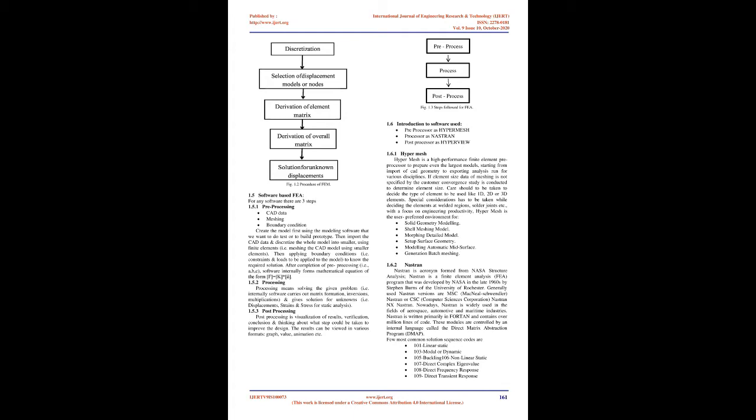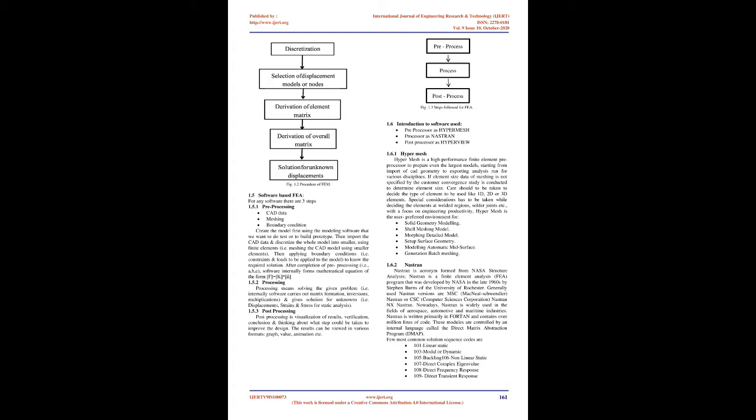1.5 Software-based FEA. For any software there are 3 steps. 1.5.1 Pre-processing: CAD data, meshing, boundary condition. Create the model first using the modeling software, that we want to test or build a prototype of.